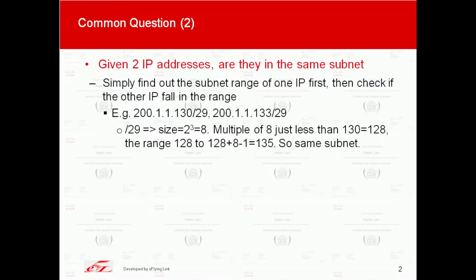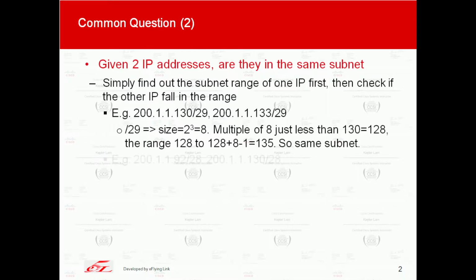This should be 128. Then the range is from 128 up to, what is the last one? The last address is once again 128 plus the size minus 1, which is 135. So the second address also falls into this range. That means these two IP addresses are in the same subnet.